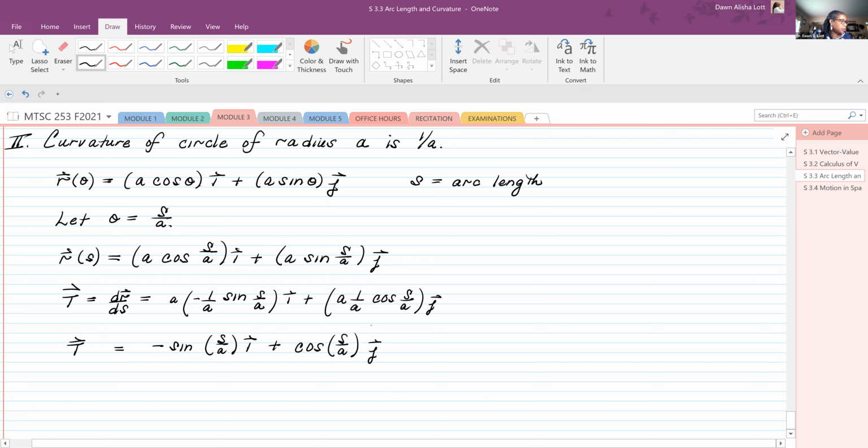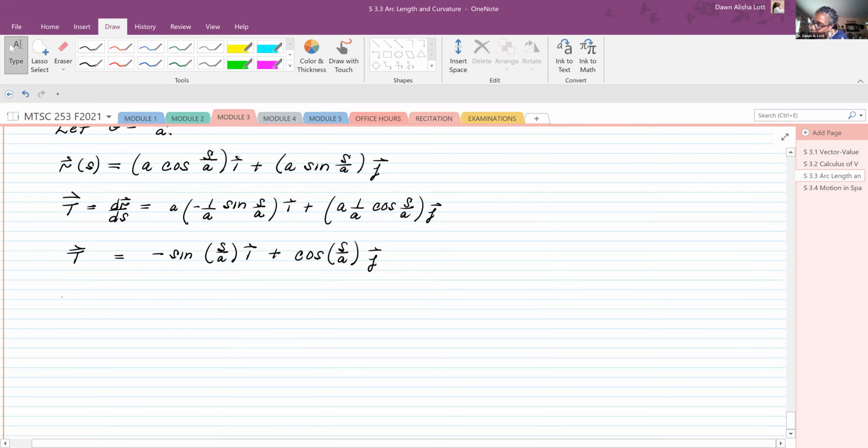Therefore dT ds now becomes minus 1 over a, the cosine of s over a times i, plus minus 1 over a, the sine of s over a, j.